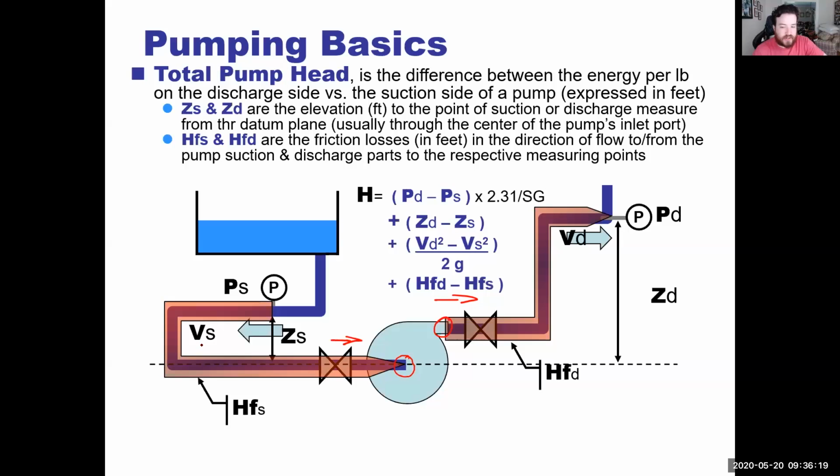Now we have HFS and HFD, the friction loss in feet in the direction of flow to and from the pump suction and discharge ports to the respective measuring points.